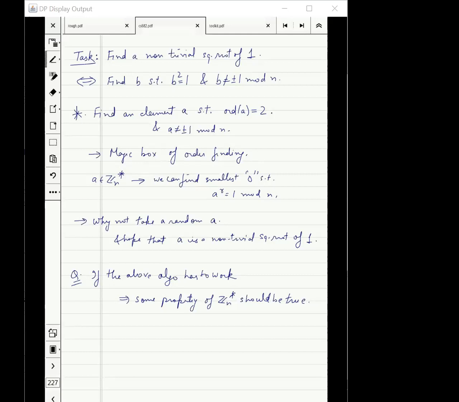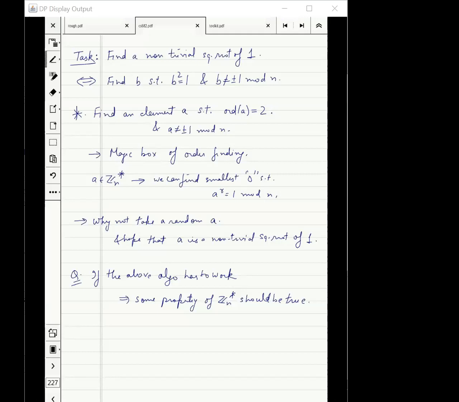If we have to succeed with constant probability, that means there should be a lot of non-trivial square roots, right? So our algorithm is take a random A. This is the random coin toss which we are allowed in the randomized algorithm.